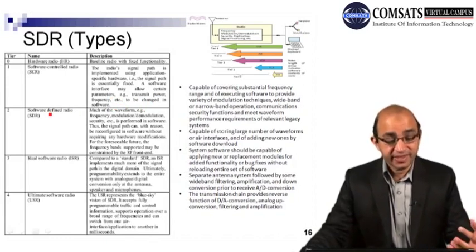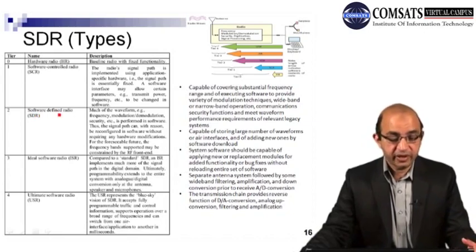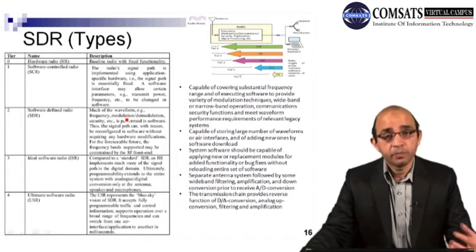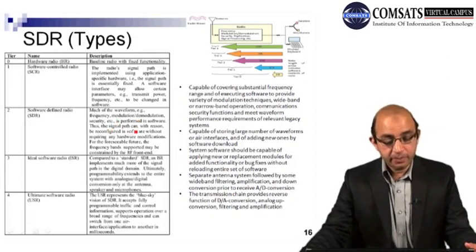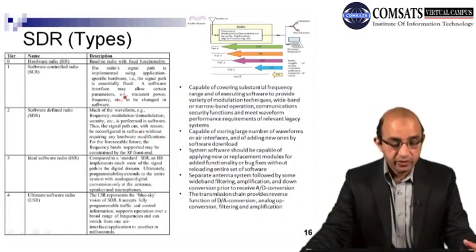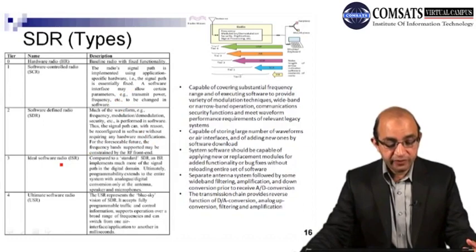And then we have the second tier, software defined radio. Much of the waveforms, for example frequency, modulation, demodulation, security, etc., is performed in software. The signal path can be configured in software without requiring any hardware modification. So here we may need some sort of hardware modification, and then we have the ideal software defined radio.